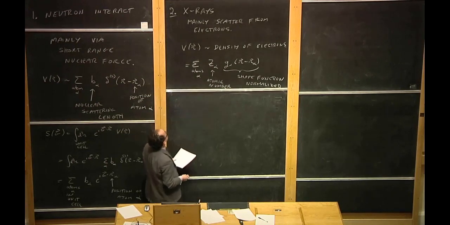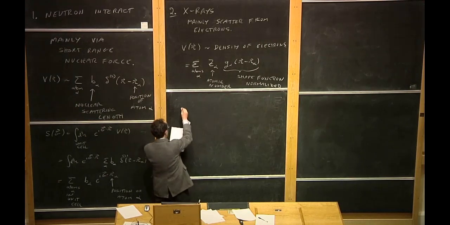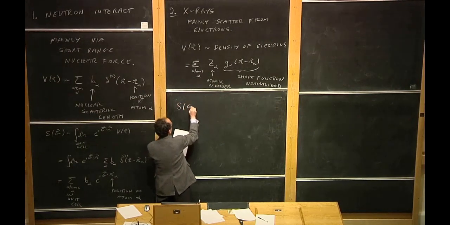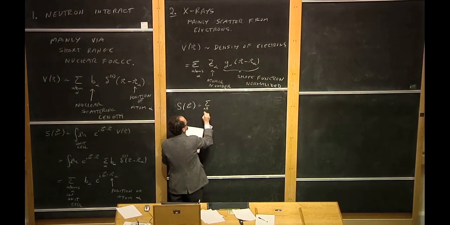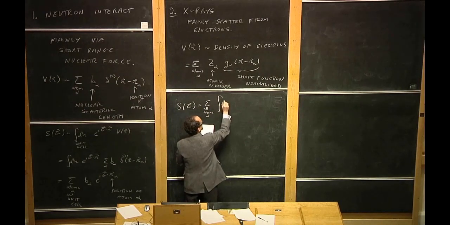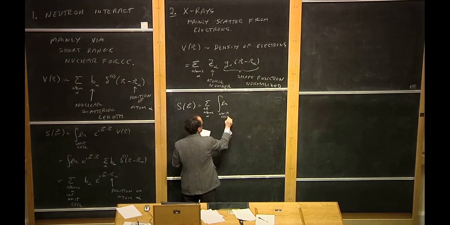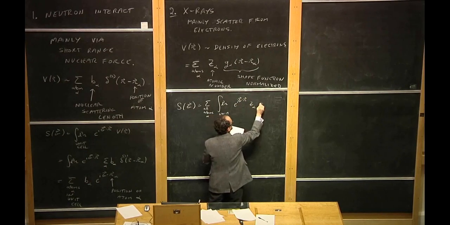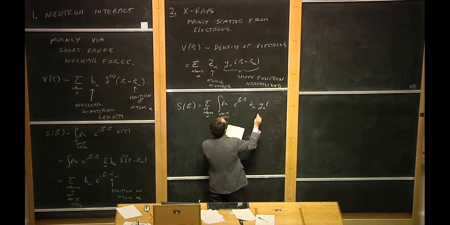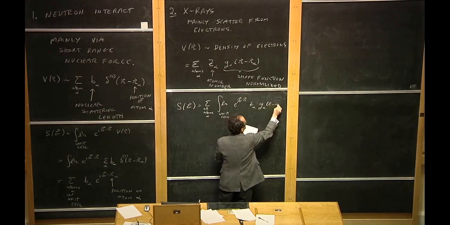So we can take this form of the density of electrons and, again, construct the structure factor, S of G, which is now a sum over all atoms alpha, integral d3r, very similar to what we did just over here, over the unit cell. Then we have e to the i G dot r, we have Z sub alpha, and we have g sub alpha of r minus r alpha.